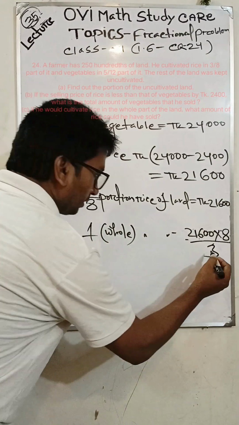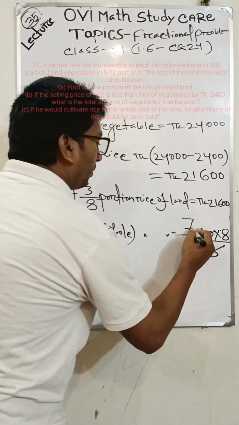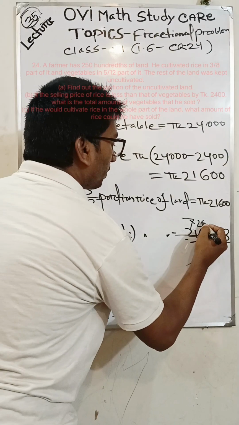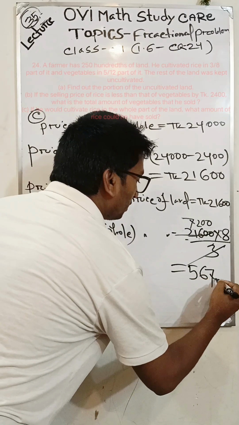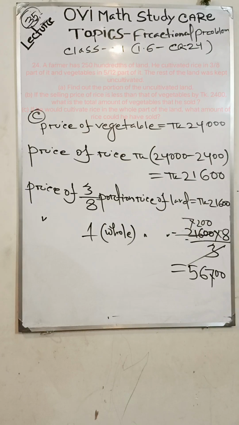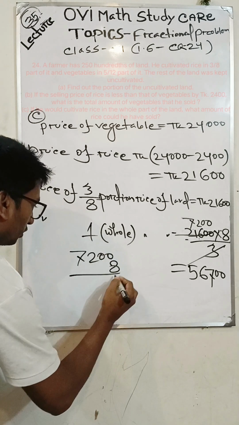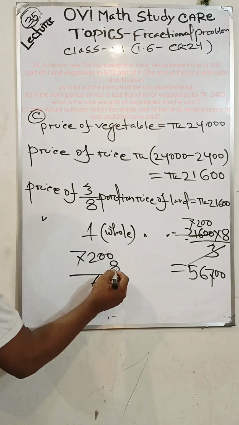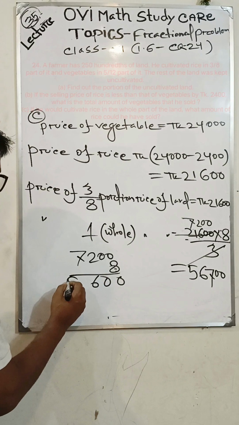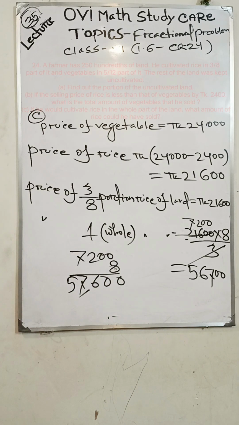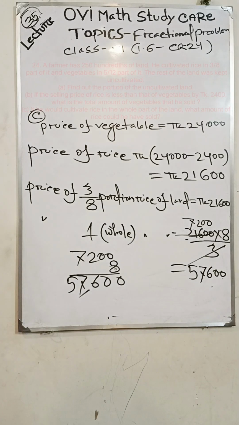So if we cut by 3, the 21,600 becomes 7200, that means it becomes 57,600. 8 sevens are 56, carrying 1 makes 57, so 57,600. This is the price of rice.